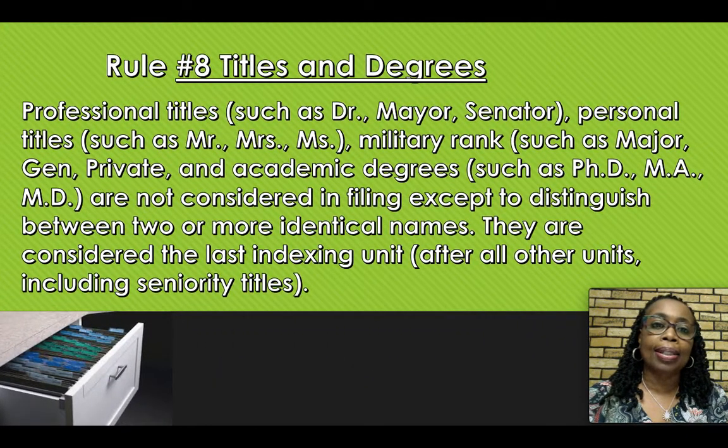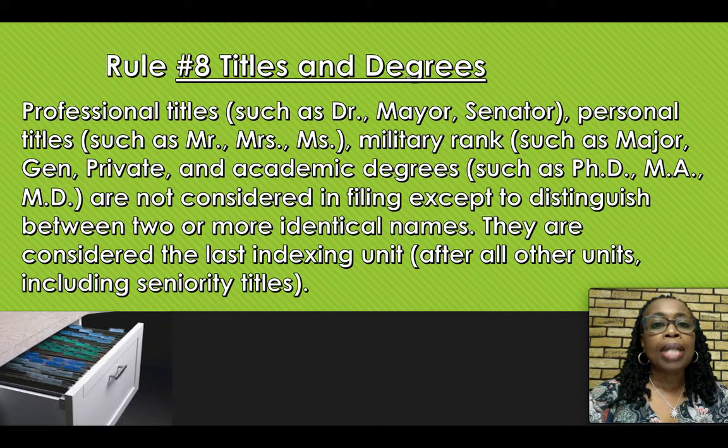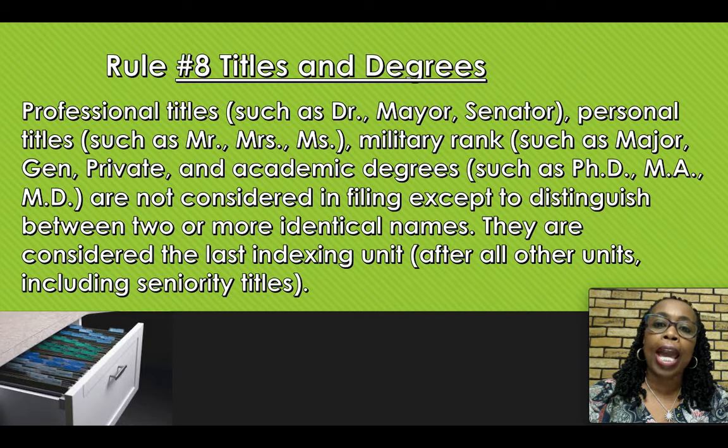Rule number 8, titles and degrees. Professional titles such as doctor, mayor, senator, personal titles such as Mr., Mrs., Ms., military rank such as major, general, private, and academic degrees such as PhD, MA, MD are not considered in filing except to distinguish between two or more identical names.